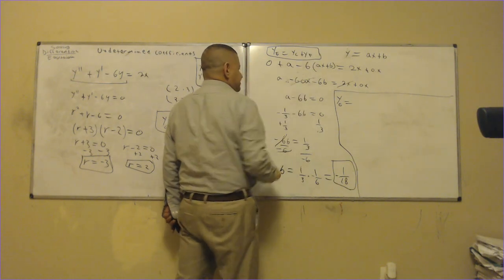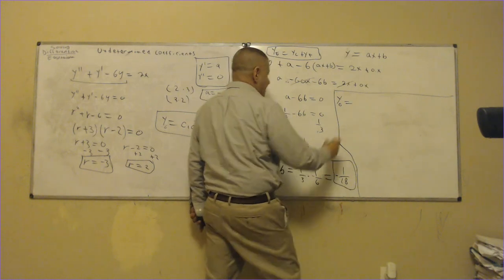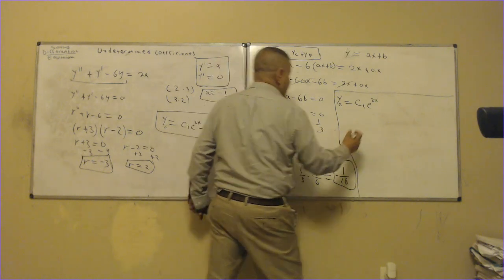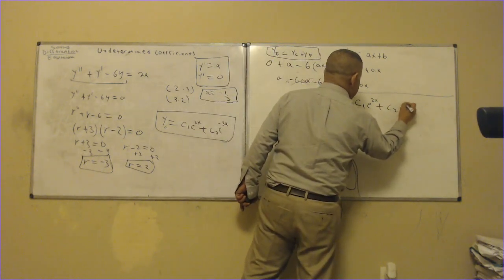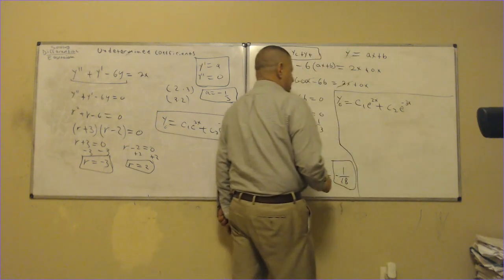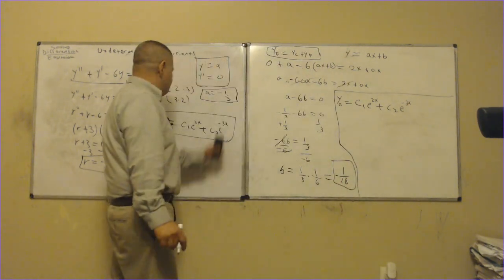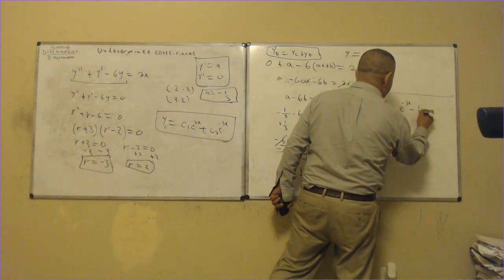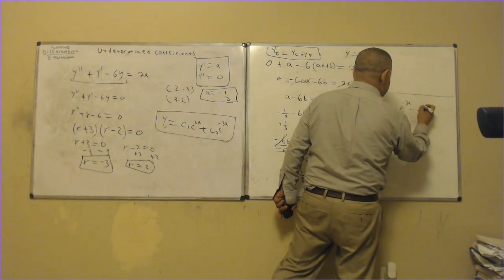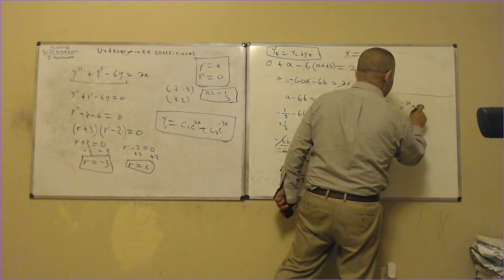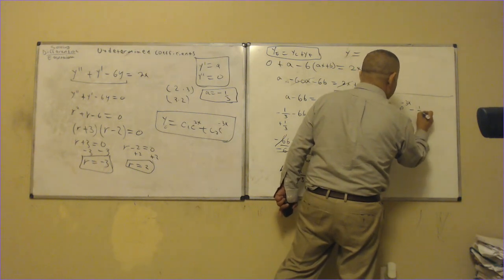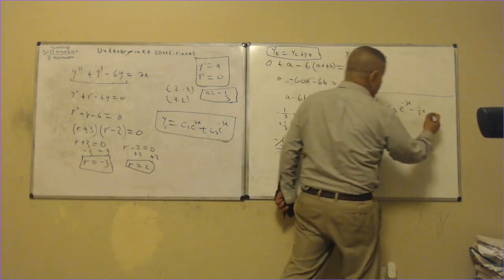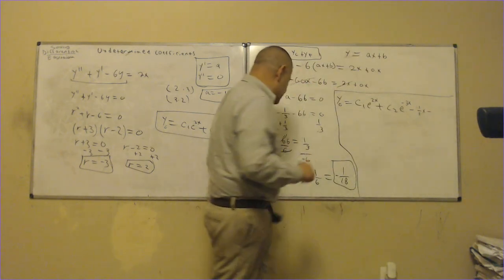Now in this case, I have C1 e to the 2x plus C2 e to the negative 3x, plus a, which is negative 1/3 x, and then minus a constant.